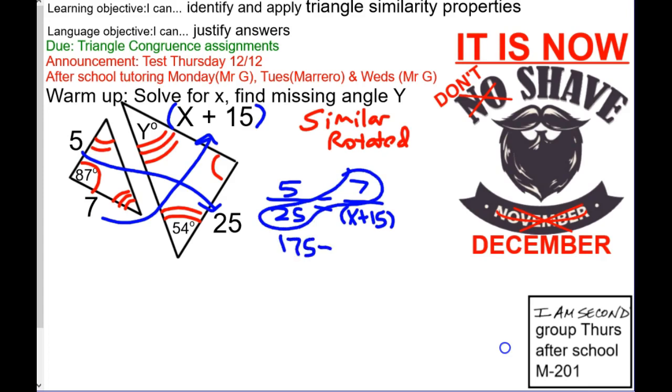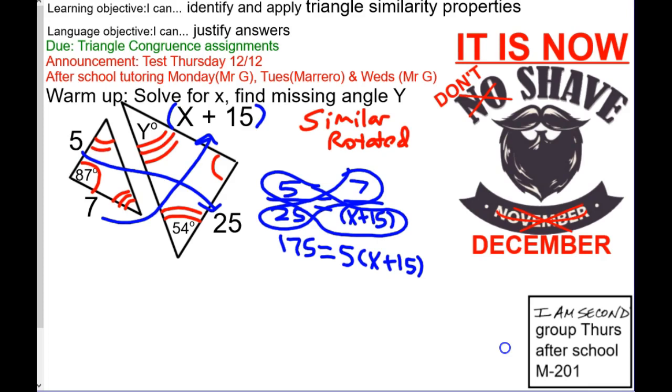175. Equals, now, how do I multiply 5 times x plus 15? Anytime you have a parentheses like that, I want you to write it next to each other. So 5 and then parentheses, x plus 15. And then my next step is when I'm going to multiply them. Now, how do I multiply 5 into a parentheses?